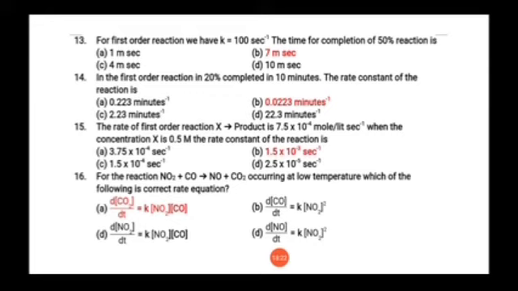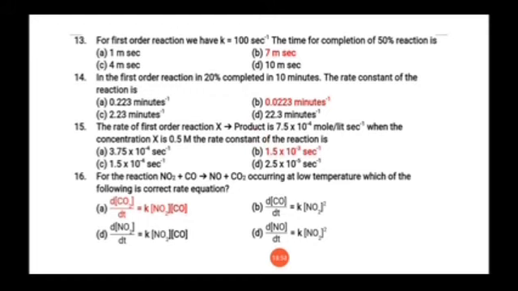Concentration of X is given, so obviously, we simply divide: 7.5 into 10 raised to minus 4 divided by 0.5. So it comes out to be 1.5 into 10 raised to minus 3. So the correct option is option number B.